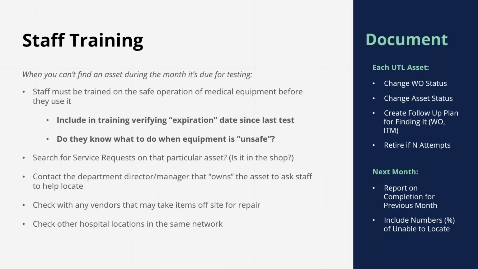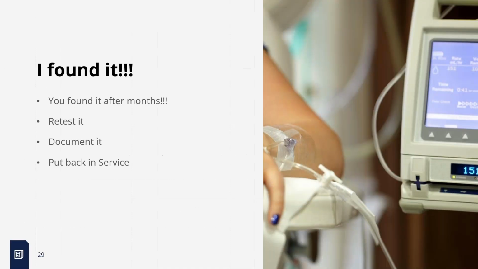But again, make sure you're documenting those pieces on the training. So when you find it, huzzah, we found the piece of equipment. However many months, years, anyone have years? They found something 4 years old? Where was it?